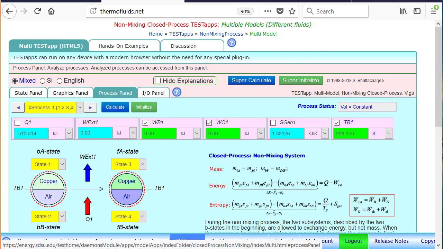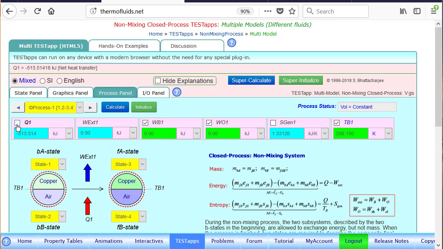So had we assumed a 600 Kelvin final temperature, it says that Q equals minus 513, which means heat is getting lost. So obviously, to get 600 Kelvin as the final temperature, some heat has to be lost. The ideal answer would be what? Q should be 0. So this is how we bracket it. A guess of 600 Kelvin brings us negative.